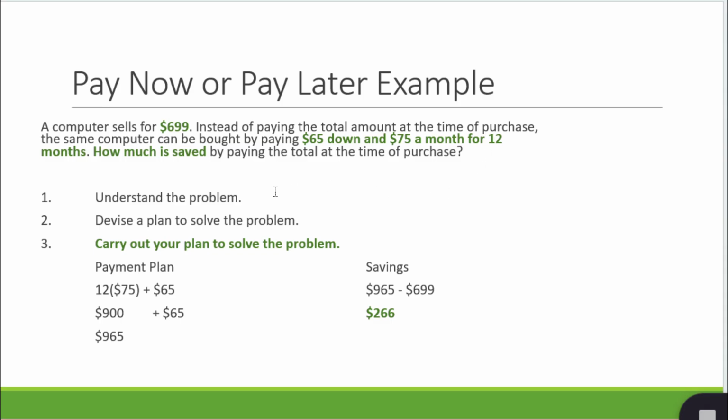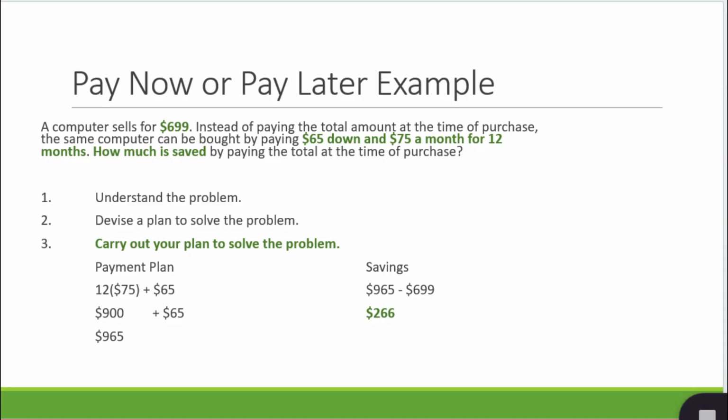And then again, remember that the computer, if you would have gone for the first option, was $699. So the savings would be $965 minus $699, which is $266. So you would save $266 by buying the computer up front.